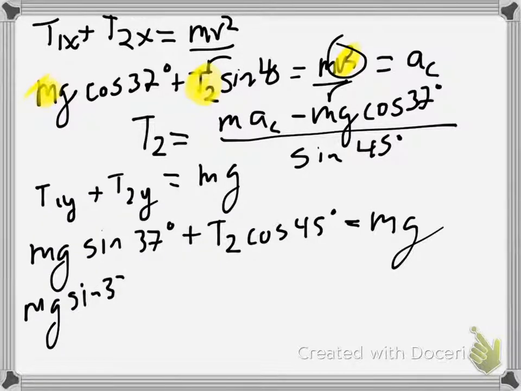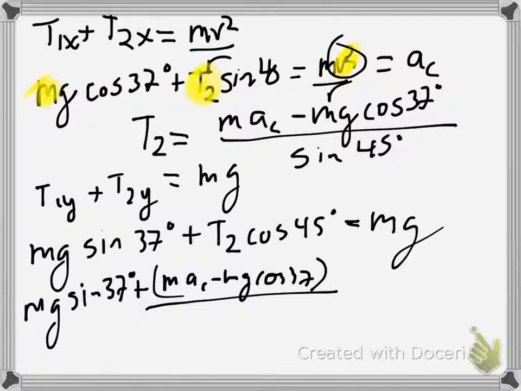So we say mg sine 37 plus, and now I'm going to plug this in. And what I'm going to get is m a sub c minus mg cosine 37 all over sine of 45 times cosine 45, and that equals mg.